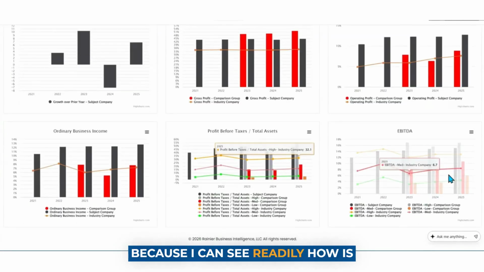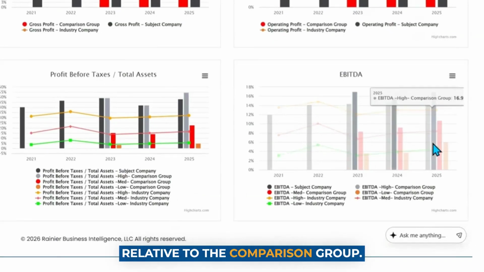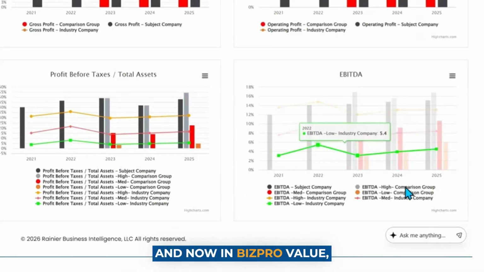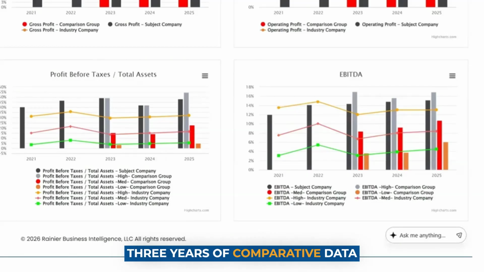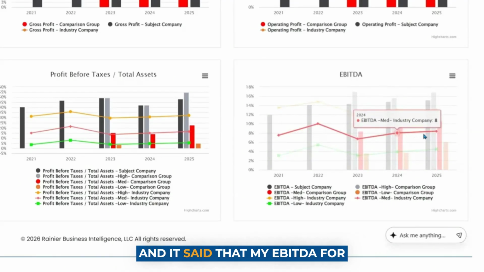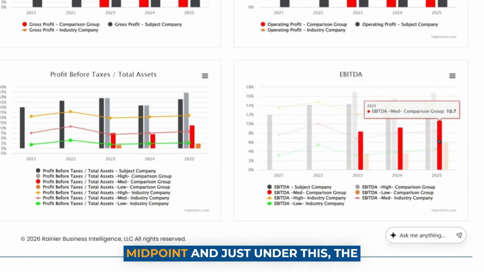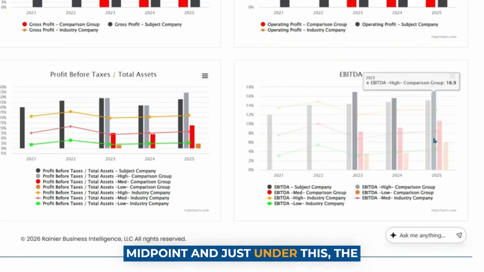Now, what I like to do is come back to my performance comparison, particularly the graphs, because I can see readily how is EBITDA of my subject company relative to the comparison group. And now in BizProValue, 3 years of comparative data and 5 years of industry data. I filtered this comparison group, and it said that my EBITDA for this subject company of 15.14% of revenue is a little bit more than the midpoint and just under the high point, or the 75th percentile.